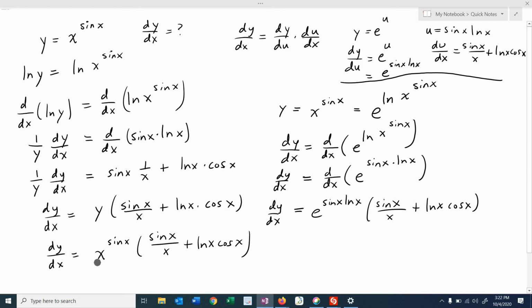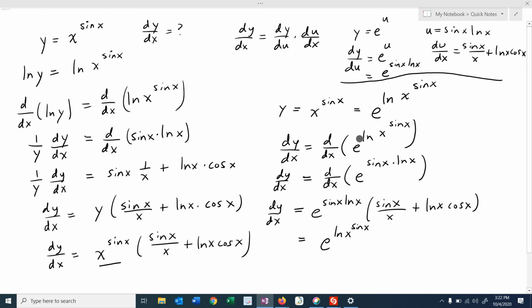Okay, and then we're supposed to get the same answer regardless of which way we do it. So you can see that the difference lies in here. These are really equal to each other because you can manipulate this back into this form. So the way you would do that is you would bring this sine of x back up as an exponent. Again, you're allowed to do that because that's a property of logarithms, right?